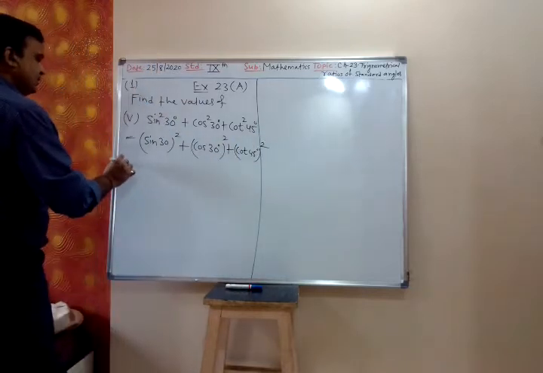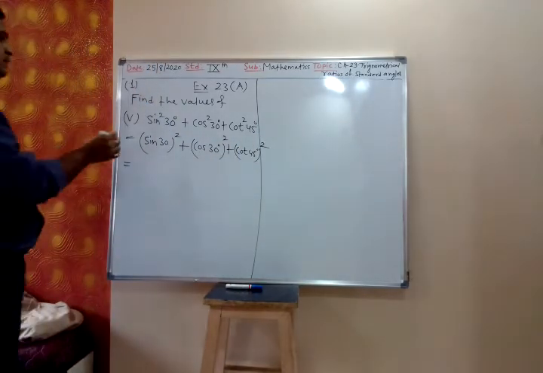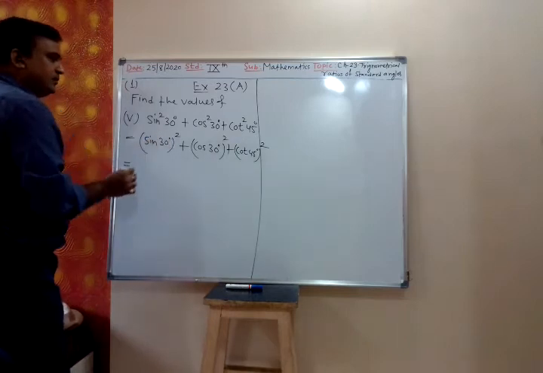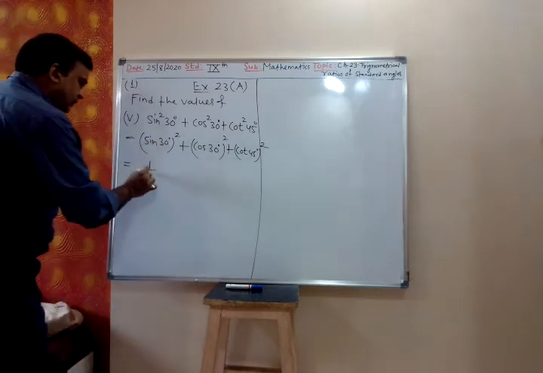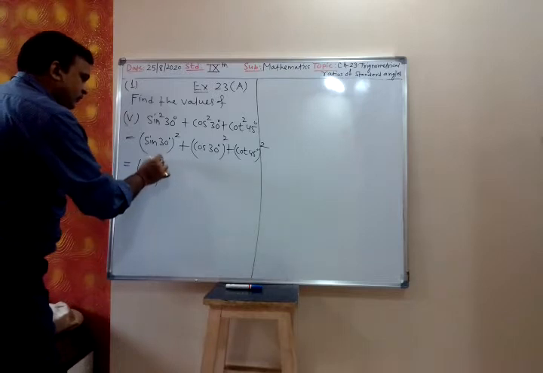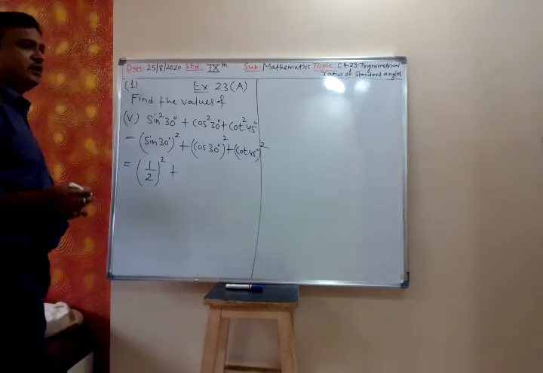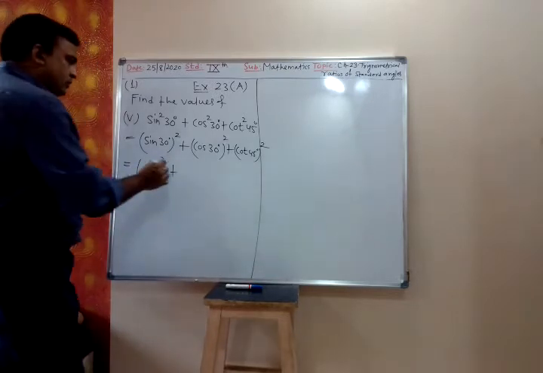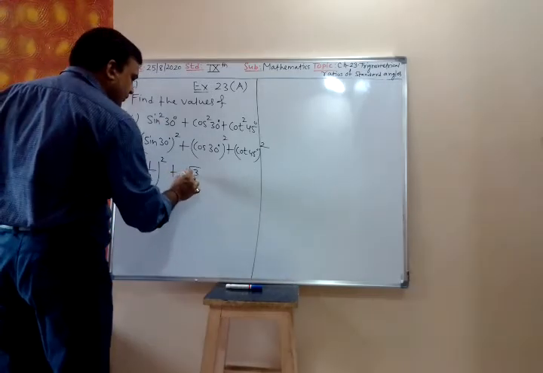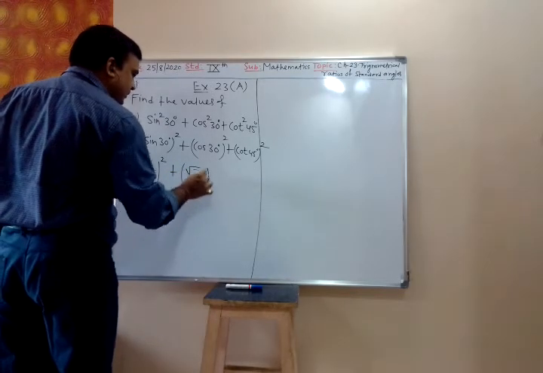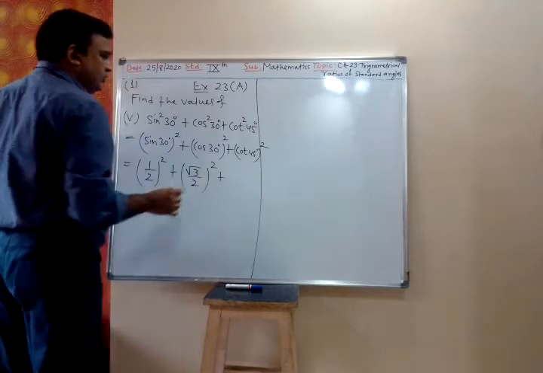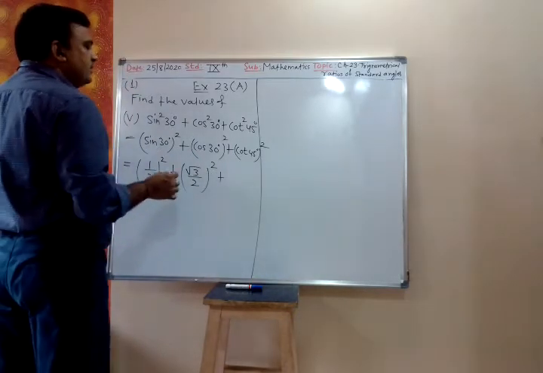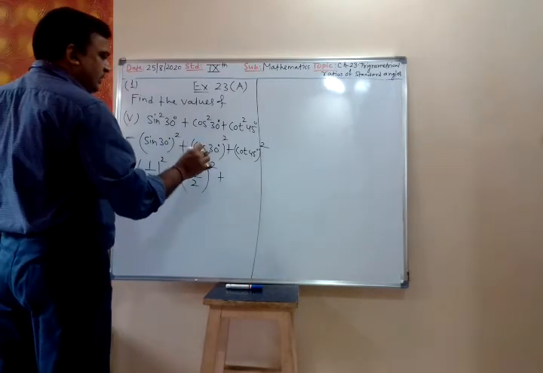So sine 30, just put the value of sine 30 from the table. Sine 30 is 1 by 2. So 1 by 2 square. Cos 30: what is cos 30? Root 3 by 2. You have to see the table. Root 3 by 2 square plus cot 45. Cot 45 is 1.